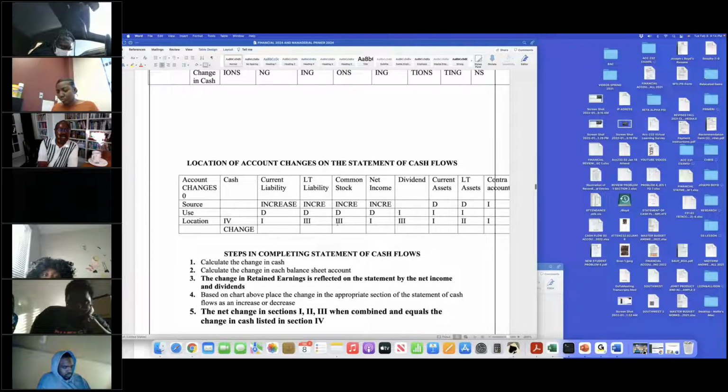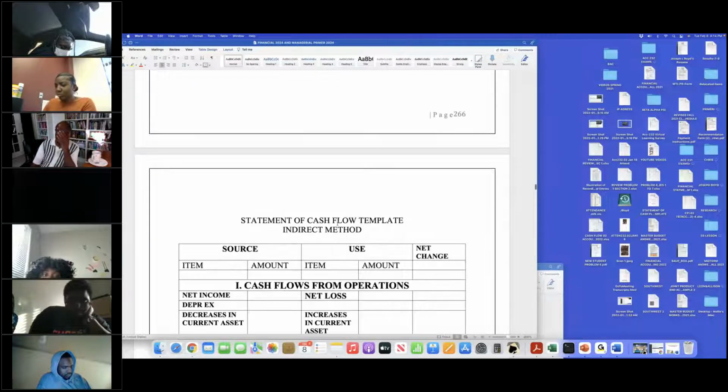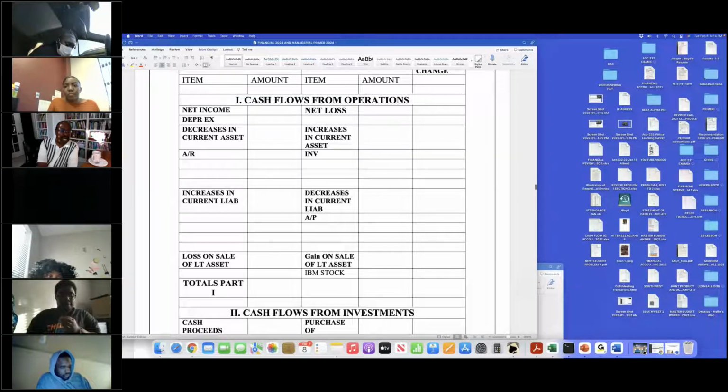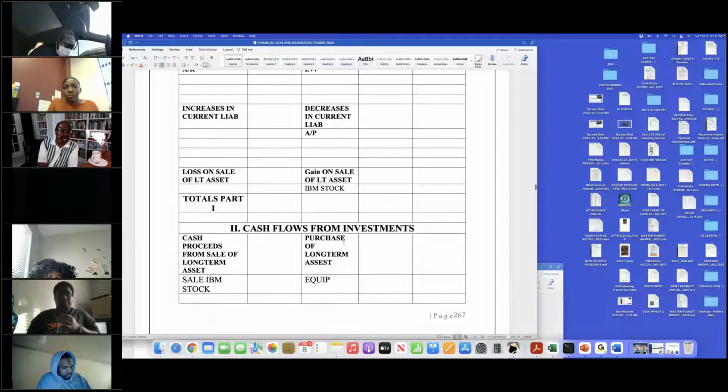If you didn't have a template, it would be difficult to do a cash flow statement if I just said do it. But you've got a template here. And basically it tells you what's going to be in operations, what's going to be in investments, and what's going to be in financing.